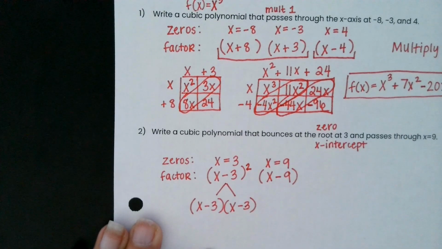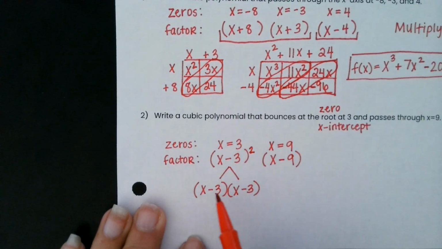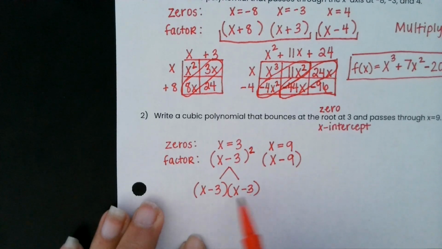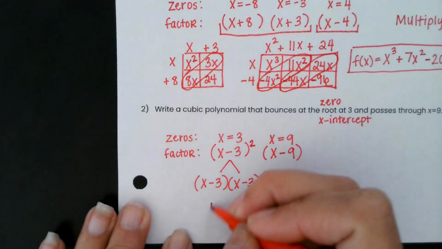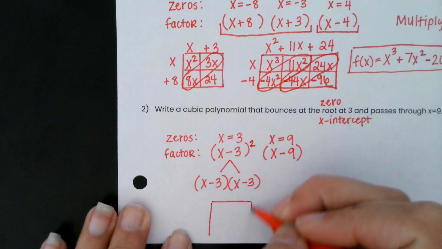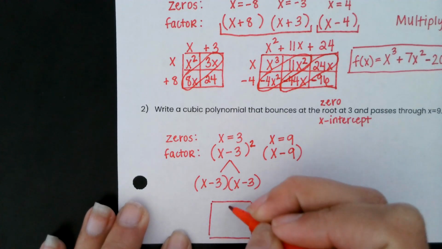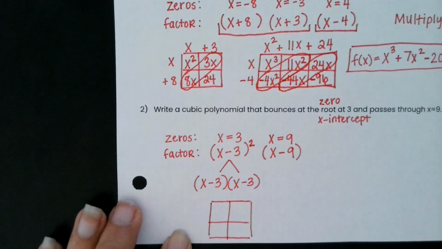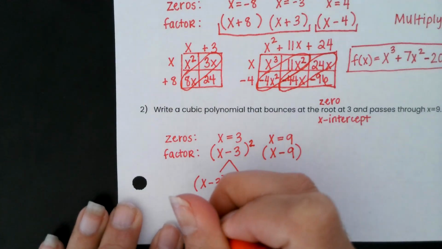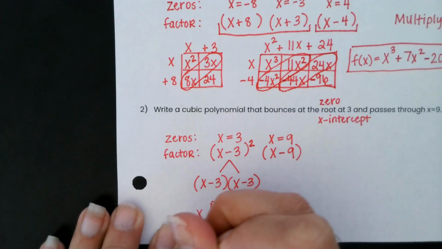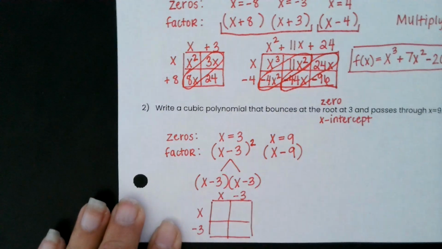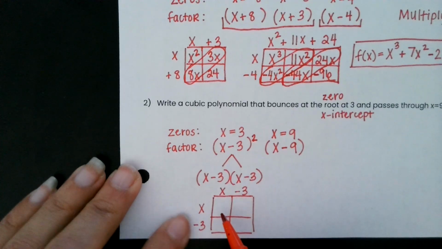So I have to multiply an x minus 3 times another x minus 3. We're going to do that with our box, then we'll do times the x minus 9 last. So x minus 3 on the side and x minus 3 on the top. This won't be too hard to fill in.